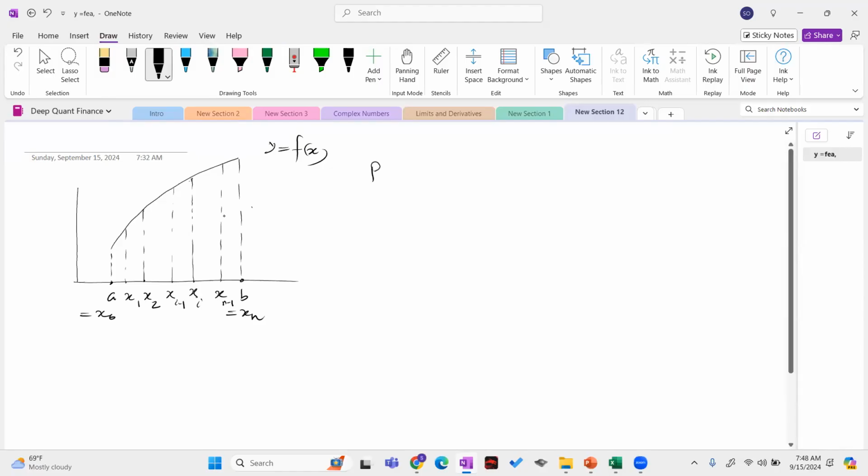Now, under Riemann sum, we are trying to view these strips as rectangles. A rectangle is supposed to be like this, but each and every segment is looking something like this.